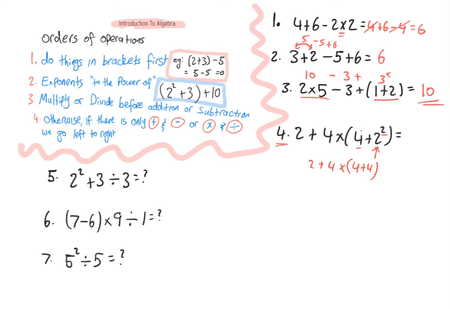So what's 4 plus 4 inside the bracket? That's 8 times 4. So from left to right, we're going to write it again neatly. 2 plus 4 times 8. Multiplication goes first. So 4 times 8 is 32. And then adding a 2 will make it 34. So this is the final answer.